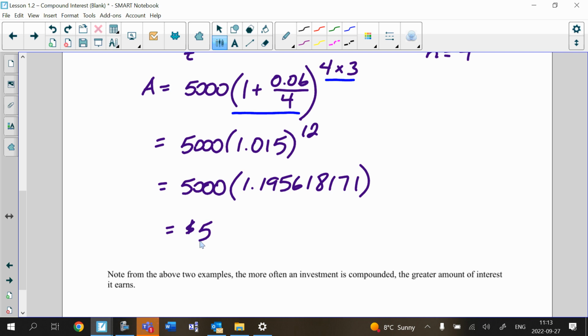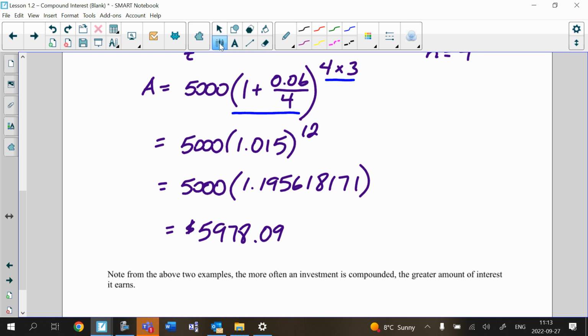Well, the interest is $5,978.09 minus how much he invested. $978.09 is how much he made in interest, which makes sense because interest was calculated more often.